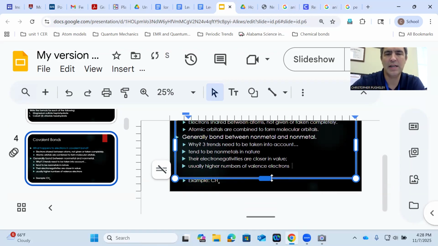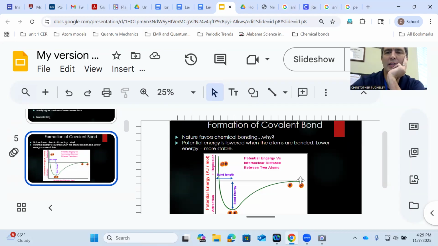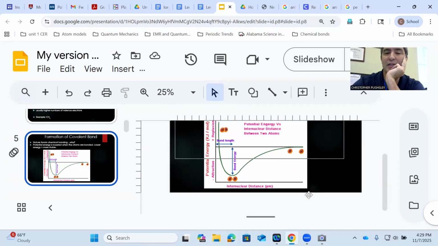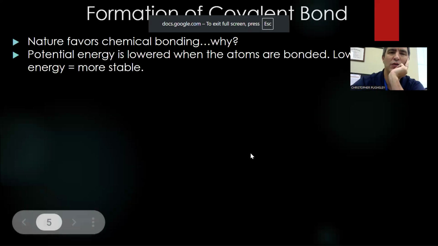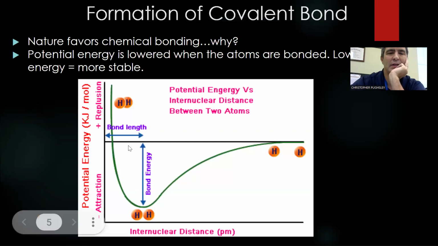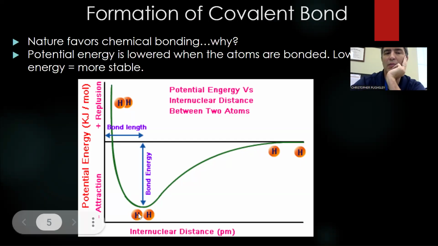An example is CH4, called methane. And again, covalent bonds are considered lower energy than atoms staying apart. This is a classic diagram, a beautiful diagram about this. It shows that two nonmetal atoms, like hydrogen and hydrogen, require more energy to be apart than when they are bonded together and sharing these electrons.